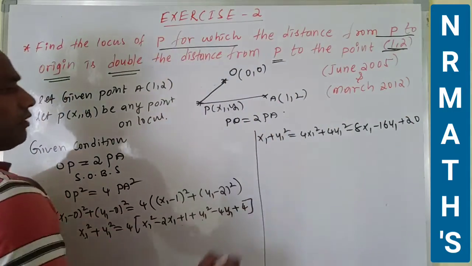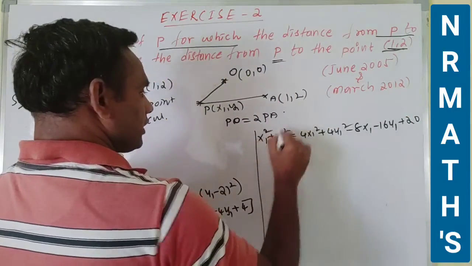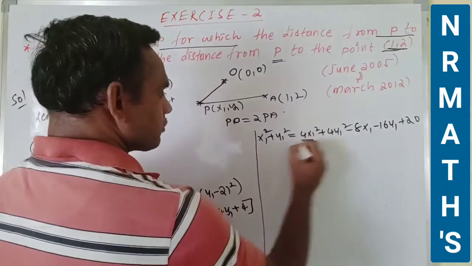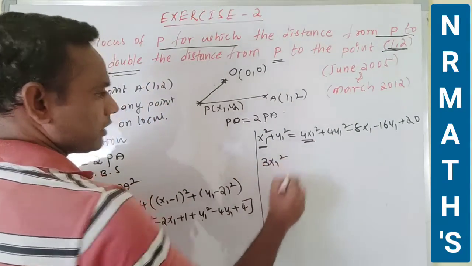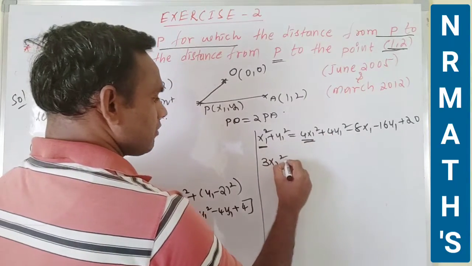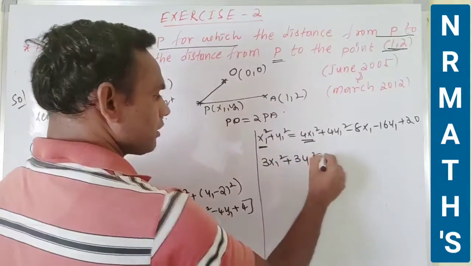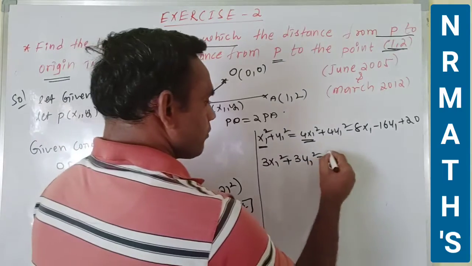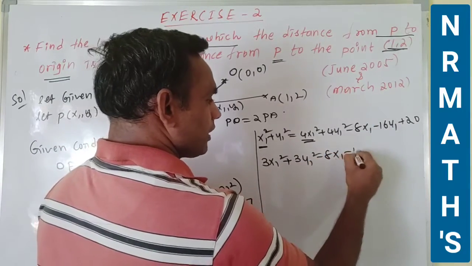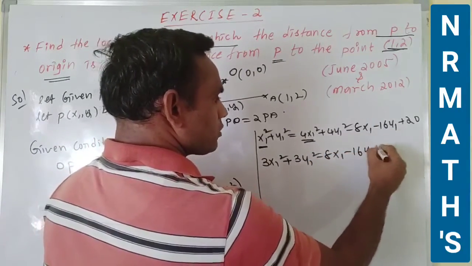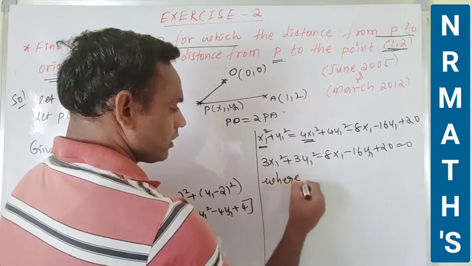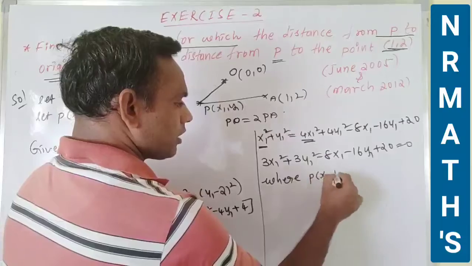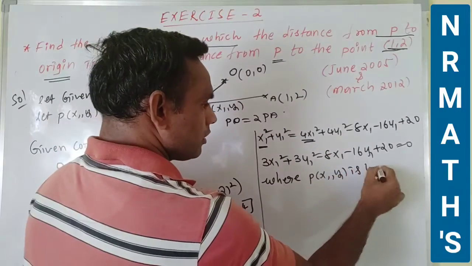Now simplify this. x1 square, and 4x1 square minus x1 square gives 3x1 square. 4y1 square minus y1 square gives 3y1 square. Now minus 8x1 minus 16y1 plus 20 equal to 0, where P(x1, y1) is on the locus.